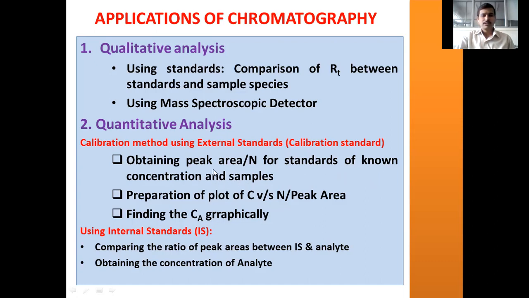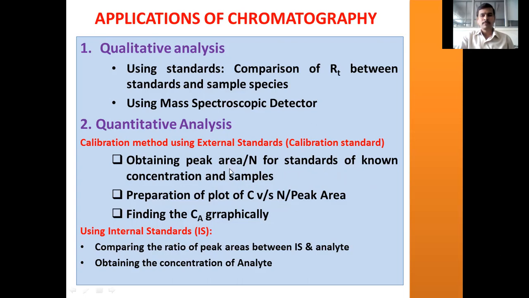You will elute the standards at different concentrations of the same compound. Of course, with increase in the concentration of the standard, there will be increased peak area or number of theoretical plates.